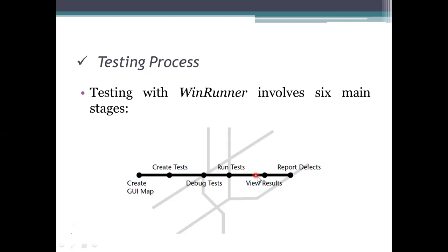After that, it displays a report by using the view results. If anything is mismatching while running, we need to go to the test script again and update the information. And after that, it performs other testing.